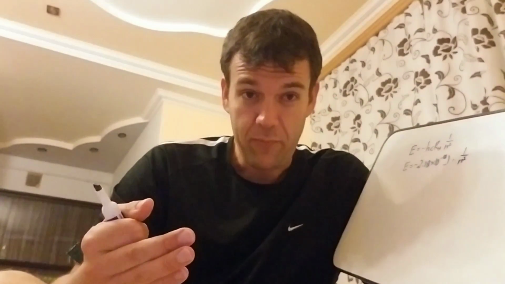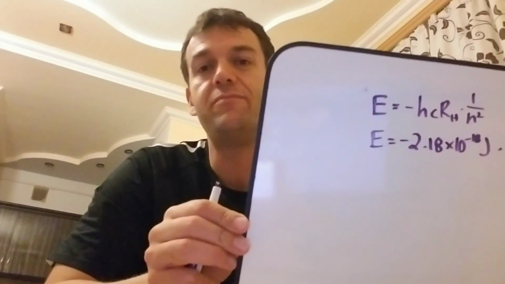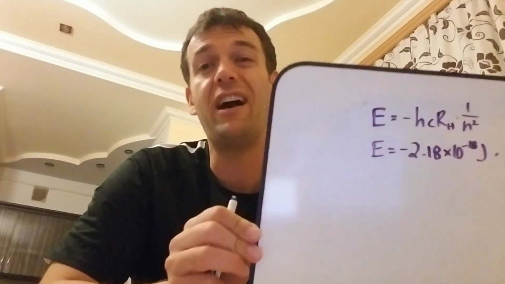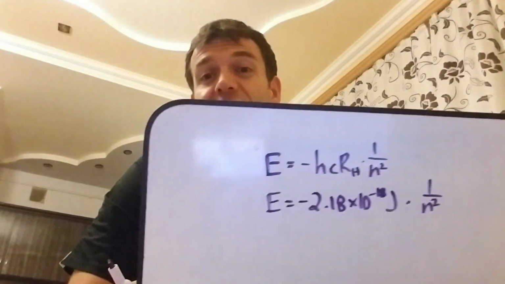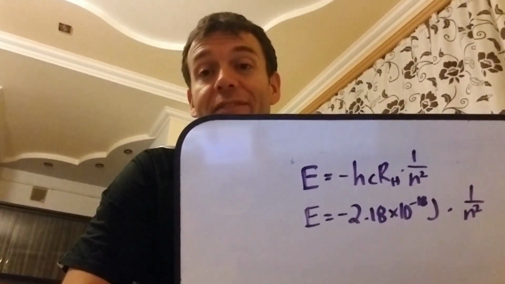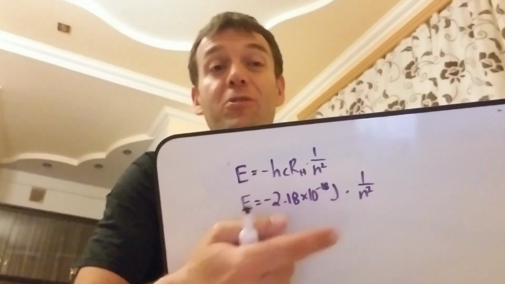So keep that in mind. Negative energy getting smaller becomes higher energy orbitals. So 10 to the negative 18th is the most amount of energy something could have. Further away from the nucleus, this gets smaller, okay?